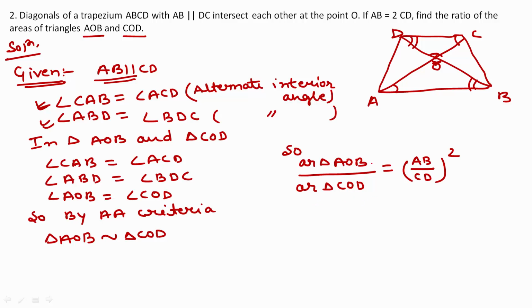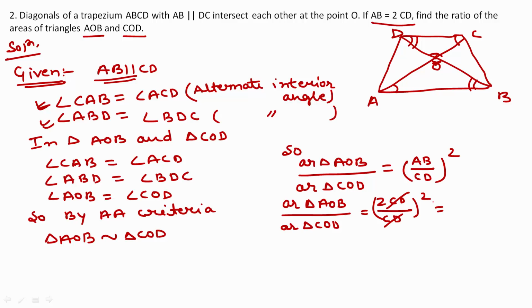It is given that AB is equal to 2CD. So now put the value of AB. Area of triangle AOB upon area of triangle COD is equal to (2CD upon CD) whole square. CD and CD cancel out, and the square of 2 is 4 upon 1. So the answer will be 4:1.